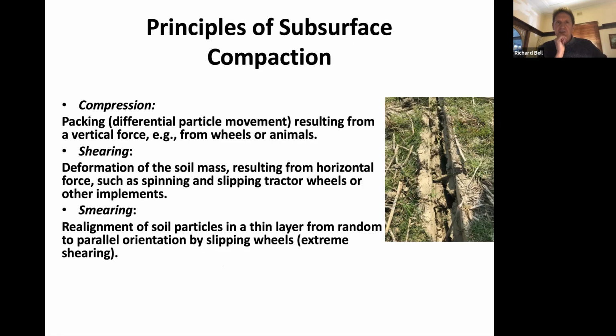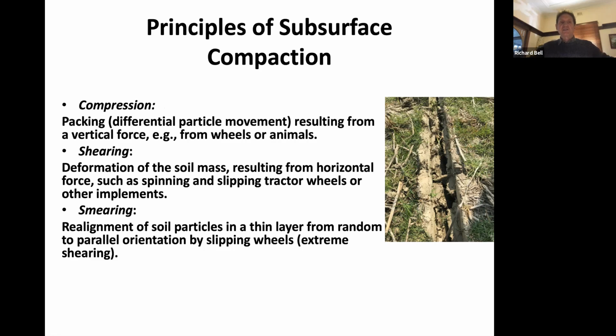What I'm going to focus mostly on now is subsoil compaction. And subsoil compaction comes from three main processes: compression, shearing, and smearing. Compression is probably the main one that we now focus on, particularly in broadacre agriculture.